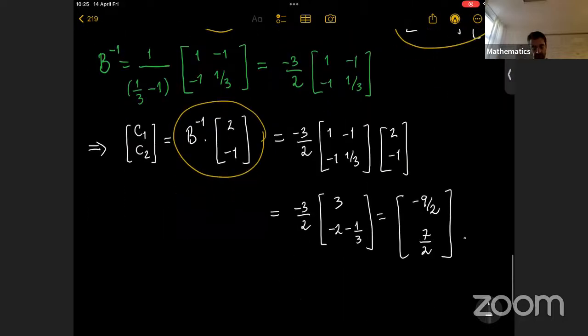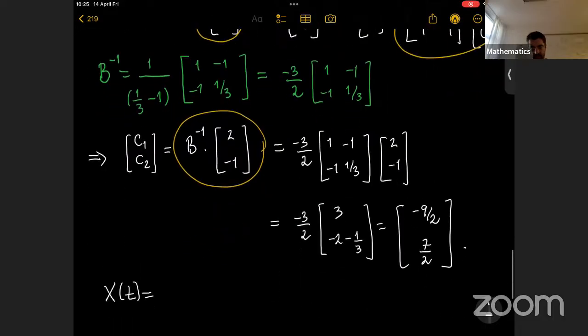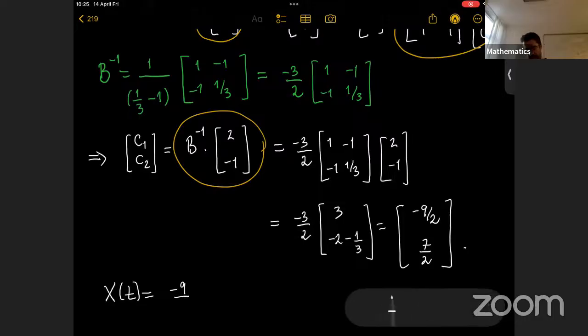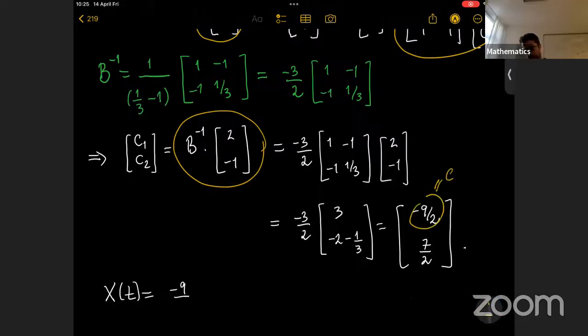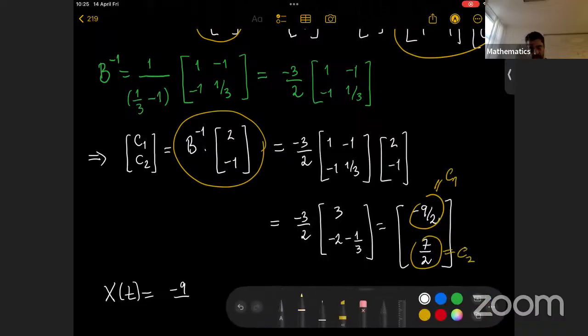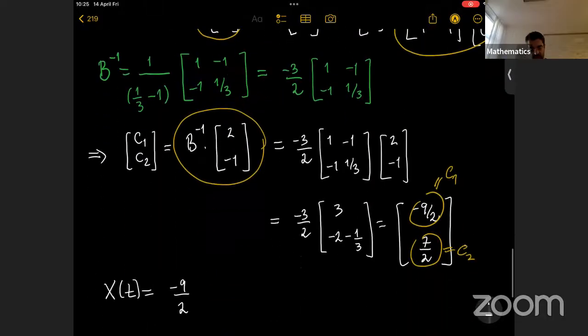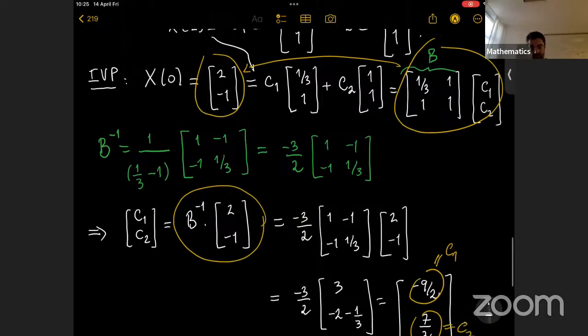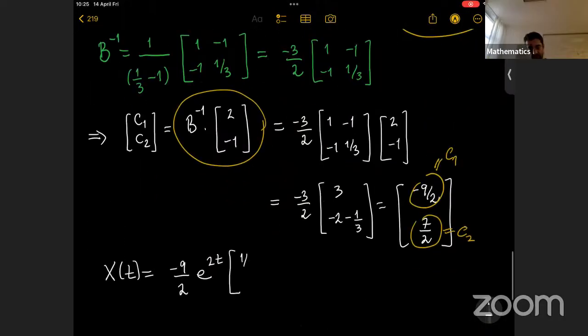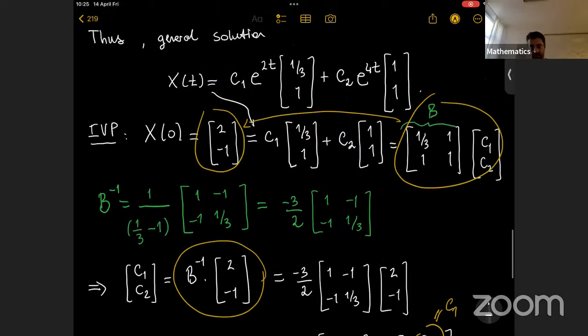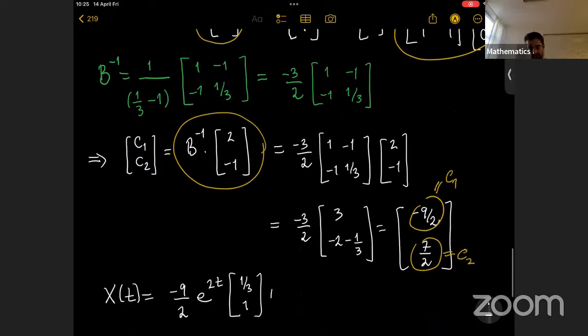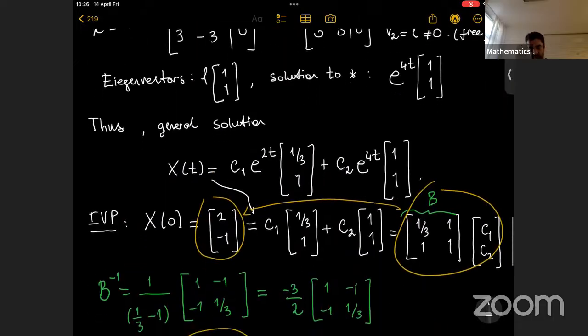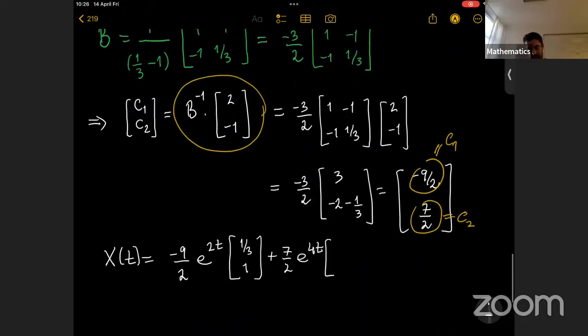So basically the solution is x(t) equals C1, which is minus 9 over 2, e^(2t) (1/3, 1), and C2, which is 7 over 2, e^(4t) (1, 1).